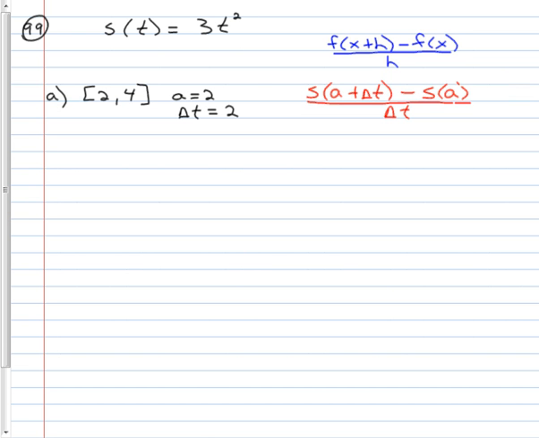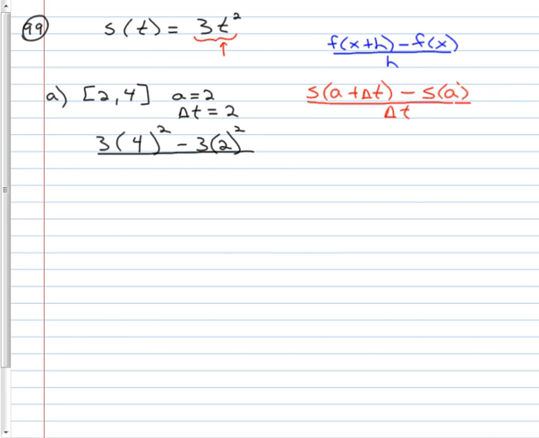So I need to use my function S of t, but I substitute A plus delta t into this equation, into that t spot. So 3 times something squared. Well, if A is 2, we start at 2, and our change in time is 2, what's 2 plus 2? 4. We're substituting a 4. Minus S of A, 3 times the original is 2 squared.